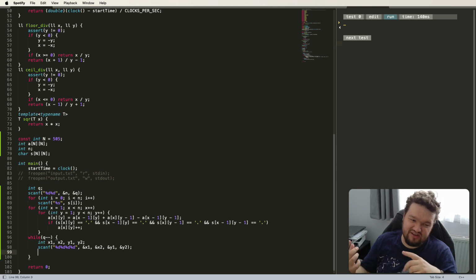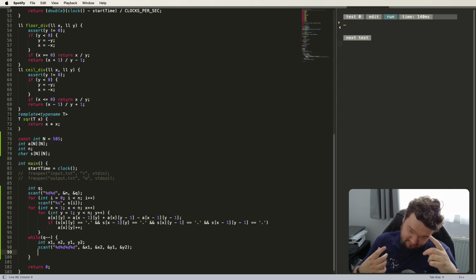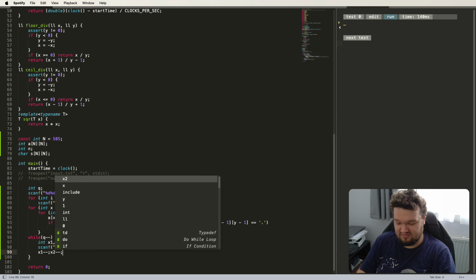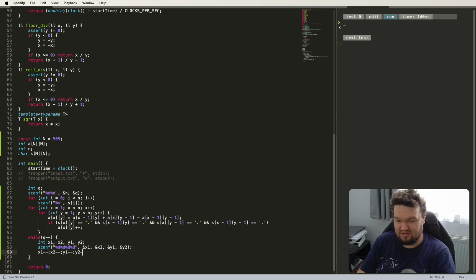Like I used 0 indexation, but also I'm counting 2x2 squares, not just points. So I think I need to decrement each one of them, and then the answer is the sum on the subrectangle, which is this.